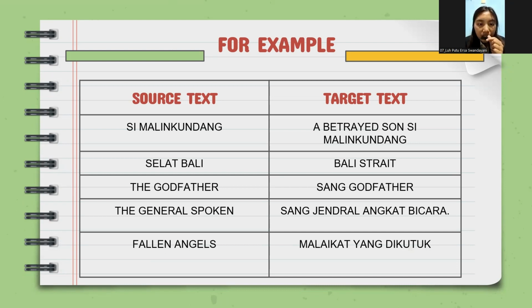Number three, in the source text is "the Godfather", in the target text is "Sang Godfather." Number four, in the source text is "the general spoken", and in the target text is "Sang General angkat bicara." And the last one, in the source text is "fallen angels", and in the target text is "malaikat yang dikutuk."